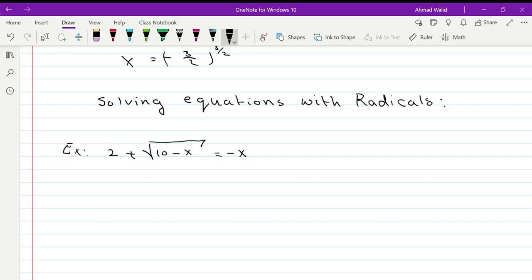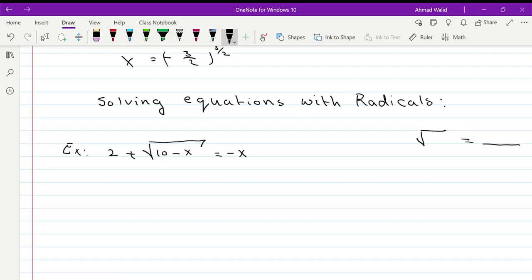Again, it's similar to the absolute value equations. Try to keep your radical. It doesn't matter if it's a square root, cube root, fourth root, correct? Try to keep it alone in one side and everything else on the other side.